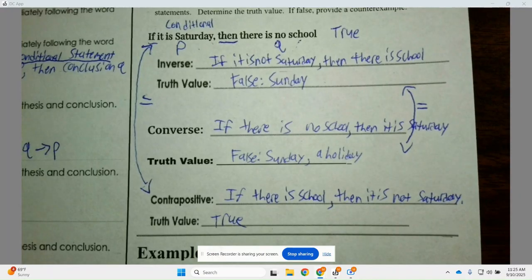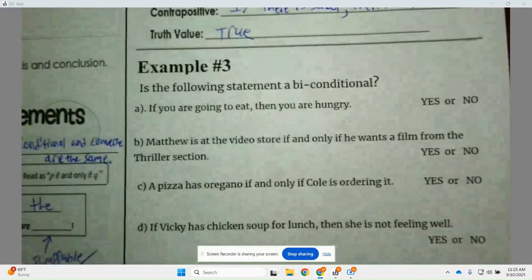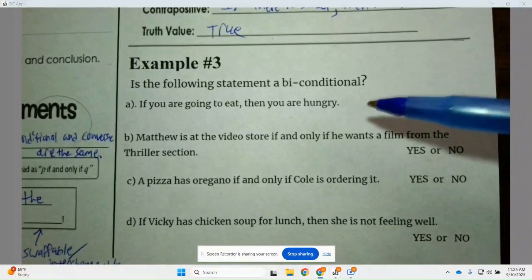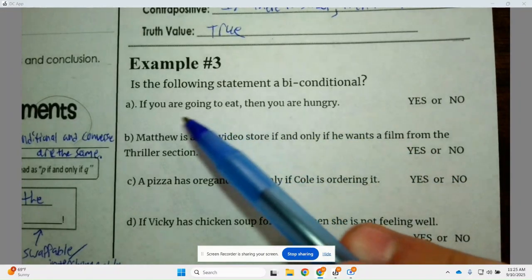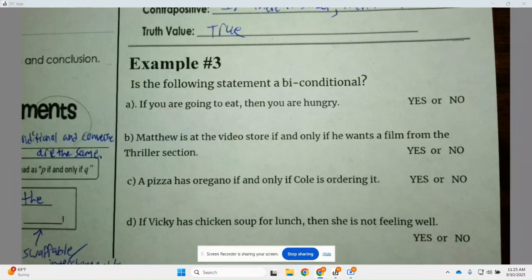All right, last step, example number 3. We need to determine if it is a biconditional statement, right? Is it written as if and only if? So number 1, if you are going to eat, then you are hungry. Is that a biconditional statement? Well, no. There's no if and only if.